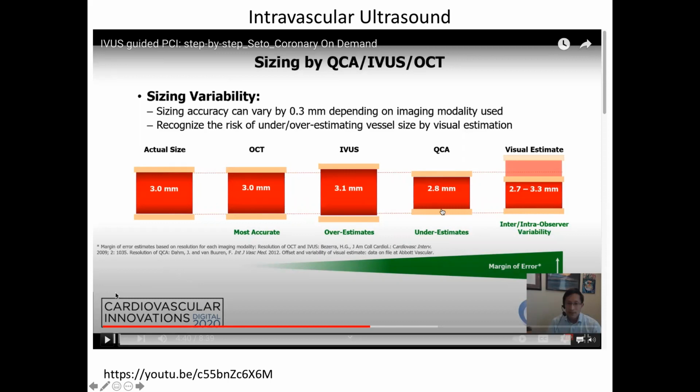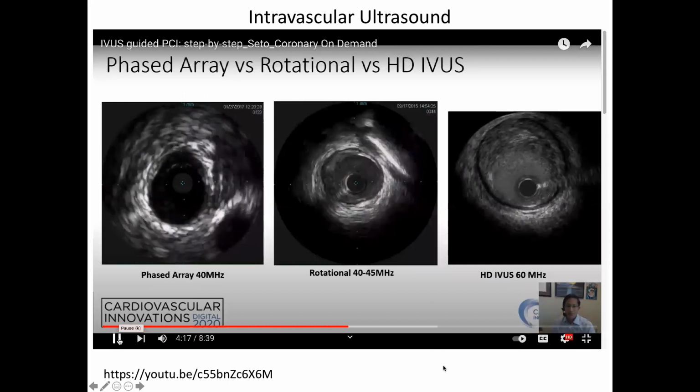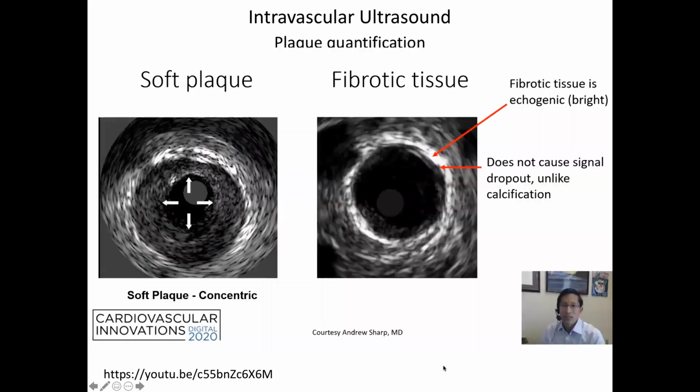Angiography underestimates its size a little bit. And then, I don't know what this visual estimate is. Oh, this is probably visual estimate of angiography, right? Is highly variable, right? And some of the features that you can pick up with these little transducers, this stuff is soft plaque, right?